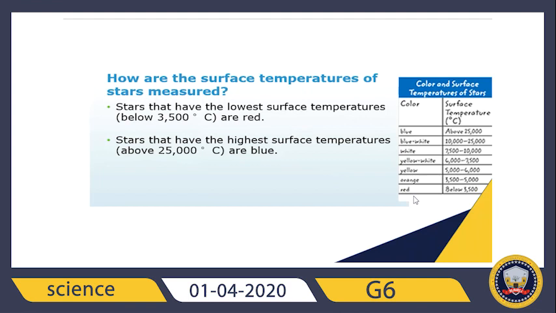So we can see that the color will range from red to orange to yellow, then yellow white, white, blue white, and blue. So guys, as we said, the blue color indicates that these stars reached the highest temperature.